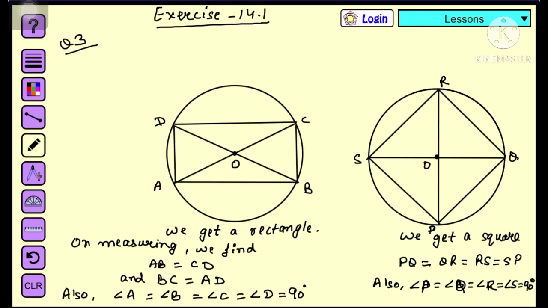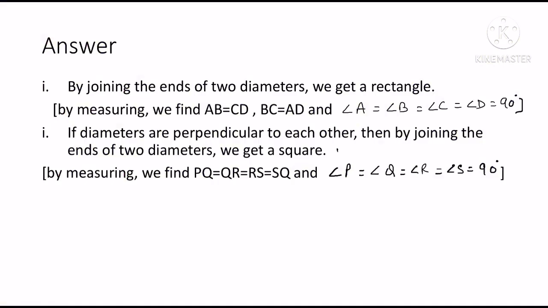So that's why this is a square. So I hope it is clear.